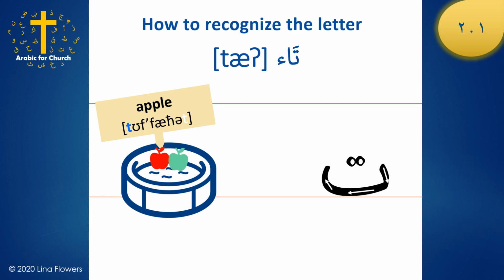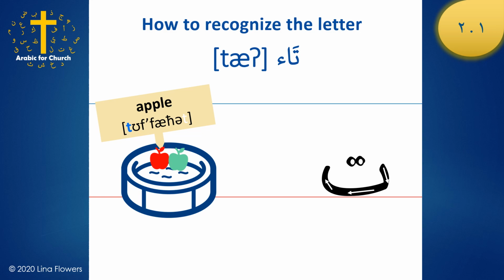So again, we can think of ta as a kiddie pool, but this time we have 2 dots on top. Now for the exact placement of the dots on top of ta, imagine the pool filled with water, and there are 2 bowls, or in this case I chose 2 apples, floating on the water.